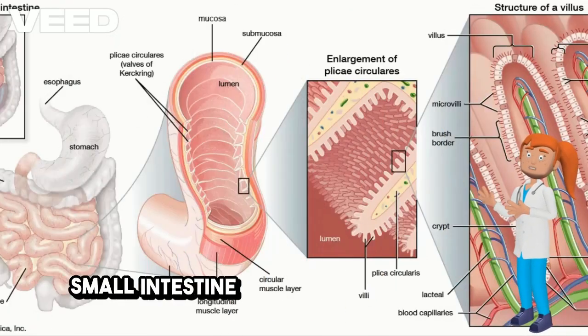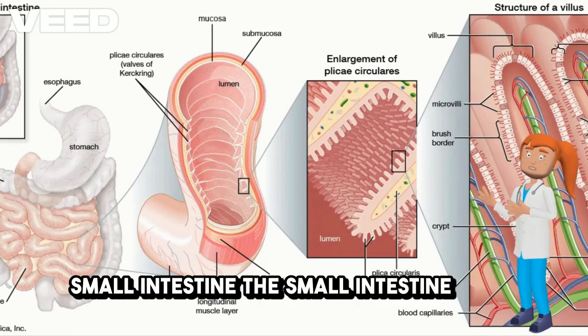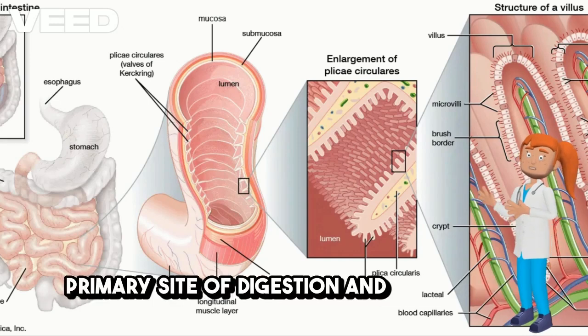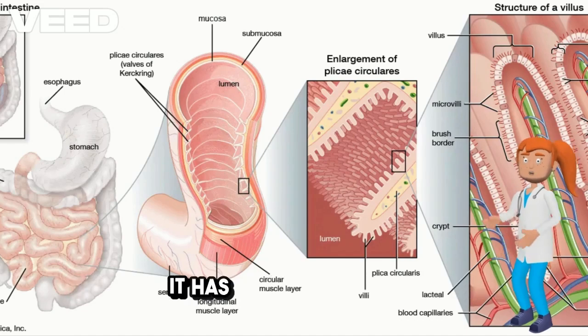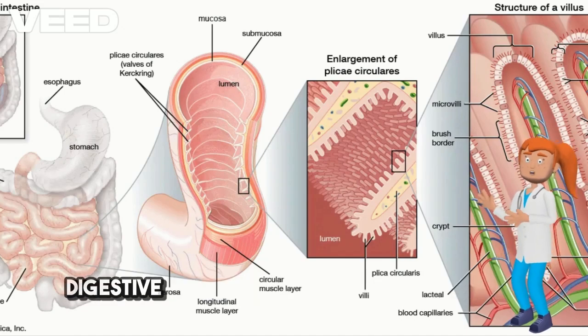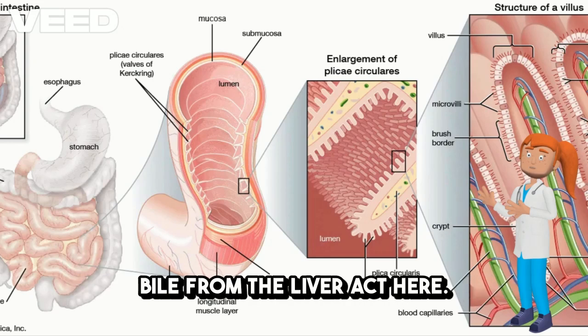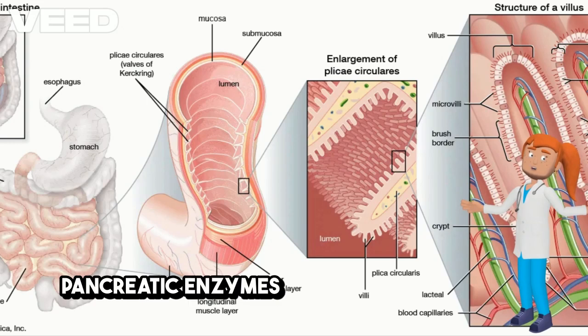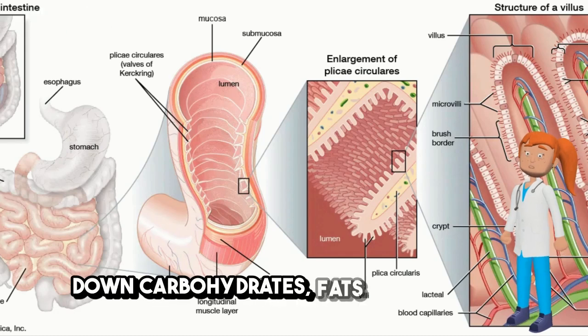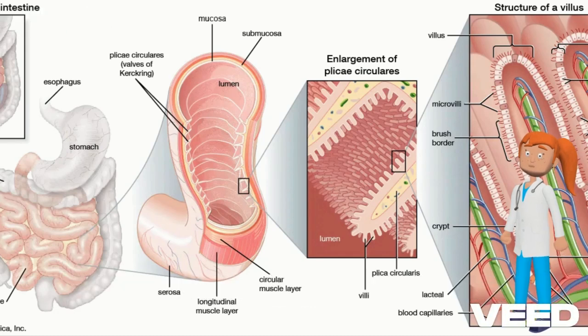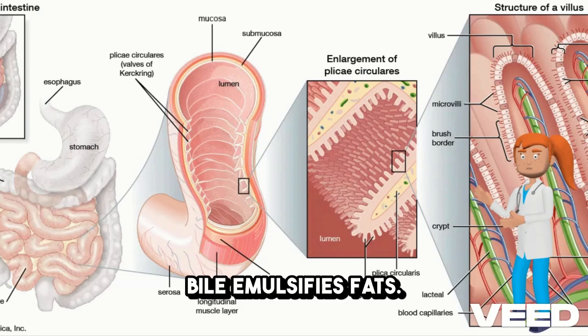D. Small intestine. The small intestine is the primary site of digestion and absorption. It has three parts: duodenum, where digestive enzymes from the pancreas and bile from the liver act. Pancreatic enzymes, amylase, lipase, protease, break down carbohydrates, fats, and proteins. Bile emulsifies fats.